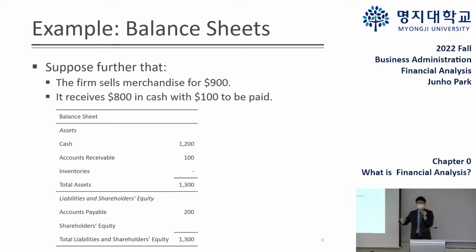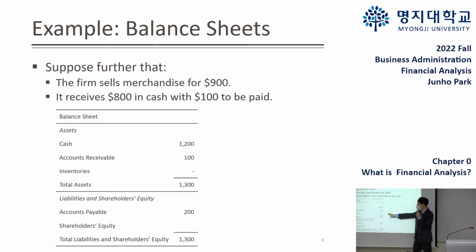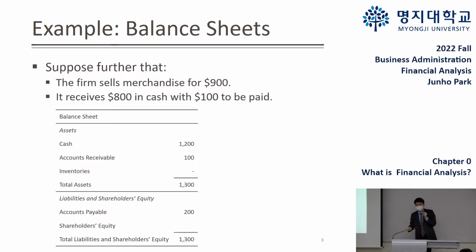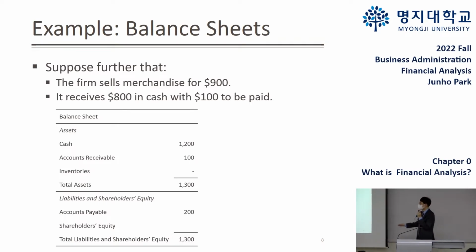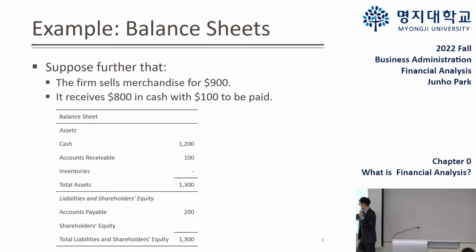By definition, this is an asset because you can take some benefit in the future. So this $100 to be paid, we call it accounts receivable, and now it is an item as an asset. So you have $100 accounts receivable. However, you sold all of your inventories, so there's no inventory left.